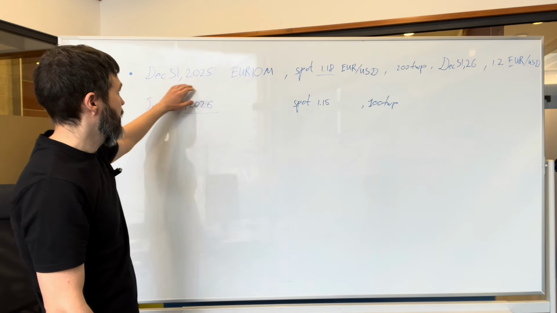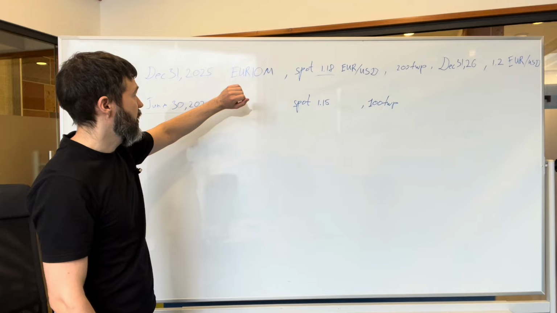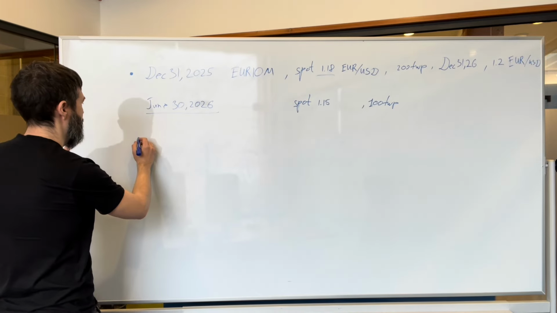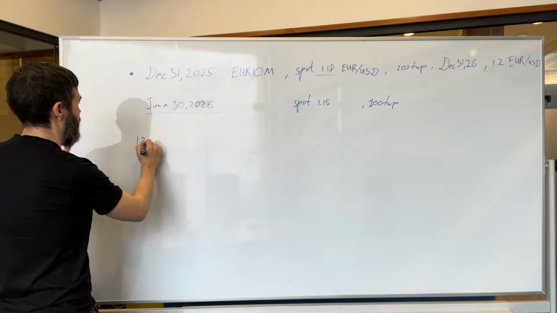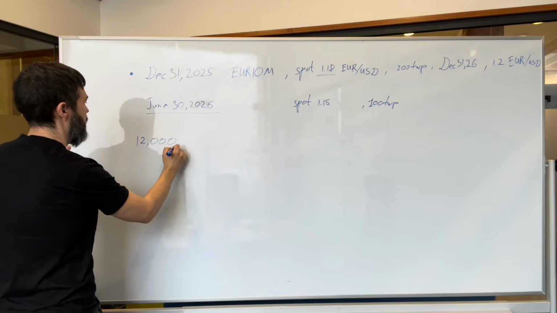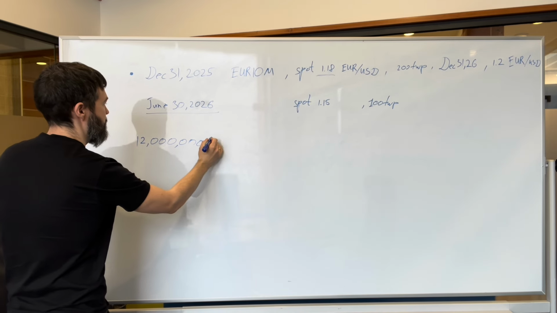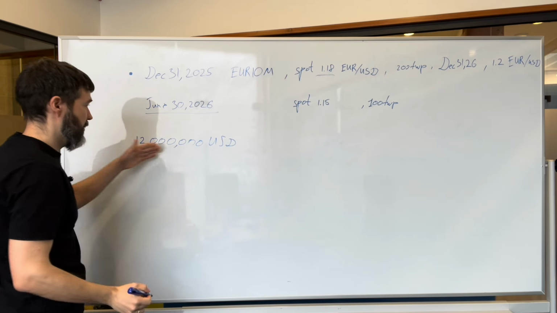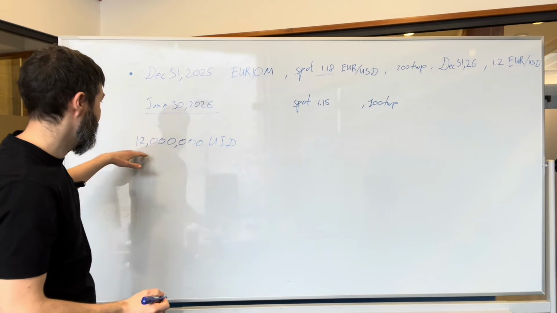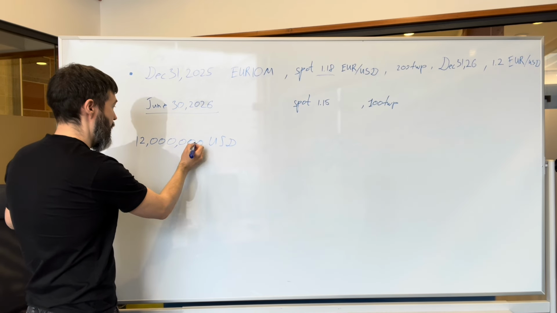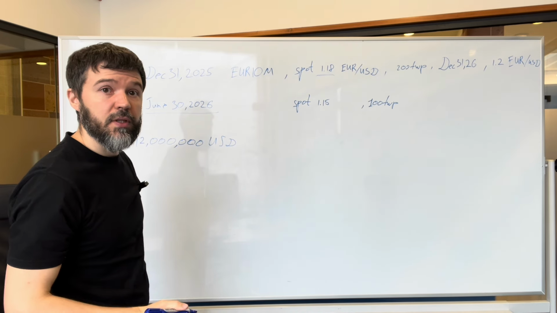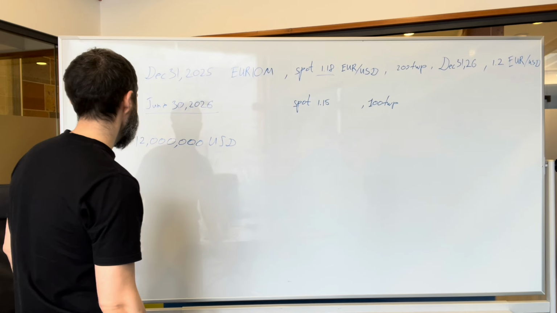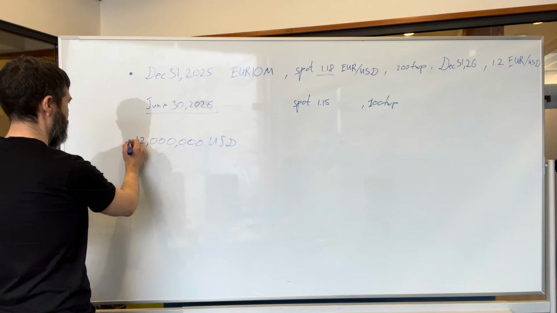Okay, what's happening at the end of 2026? You will have to transfer 12 million USD. So it's an obligation, it's written in your contract, you're transferring it. And you're receiving 10 million euros that you don't need anymore, for example. So this is your outflow.